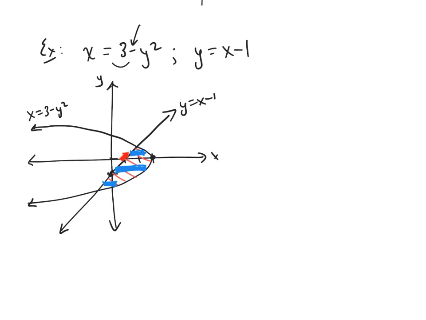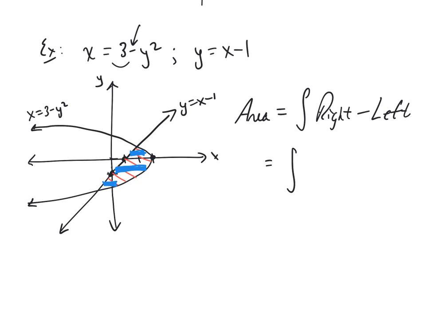Okay? So then our setup to calculate the area is going to be the definite integral, adding up an infinite number of rectangles. But now the phrase we're going to have in our head is not high minus low, but right minus left.